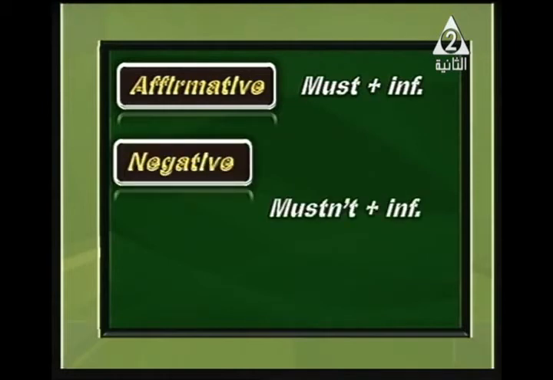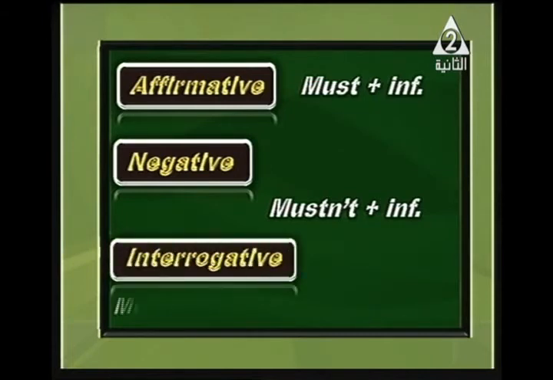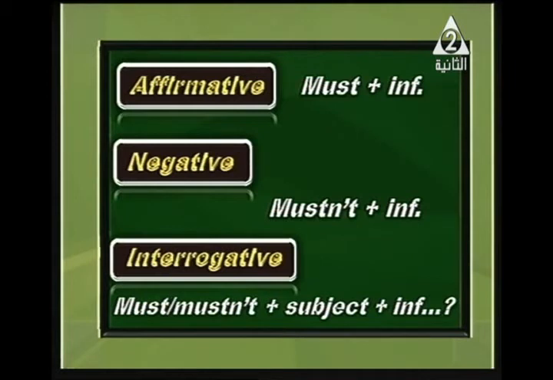Negative: mustn't plus infinitive. Interrogative: must/mustn't plus subject plus infinitive. My dear students, نبدأ نحل مع بعض some exercises about unit 7. Let's start.